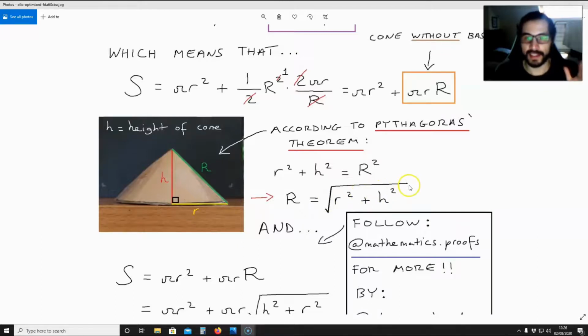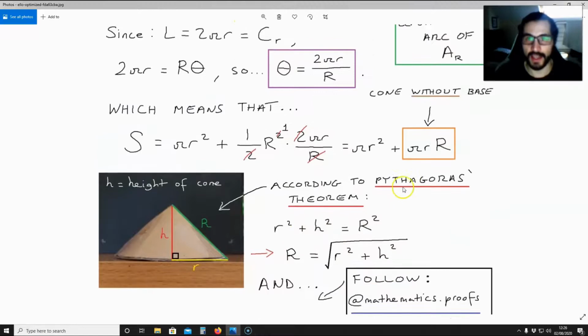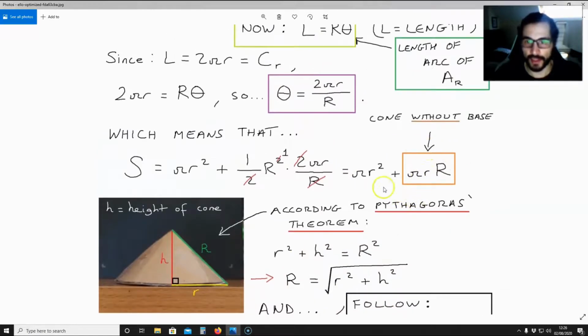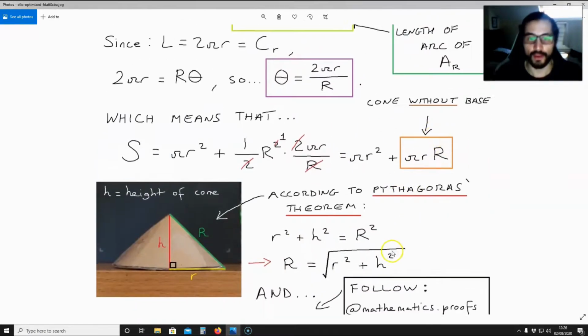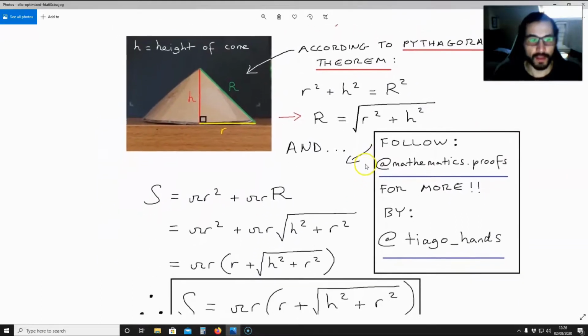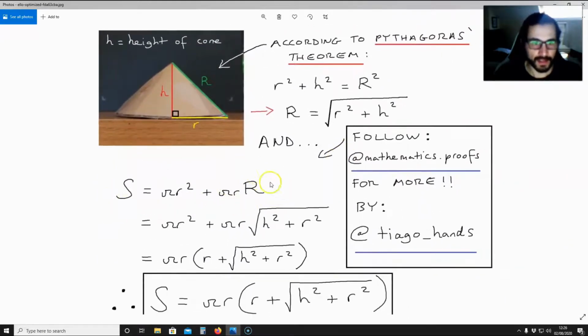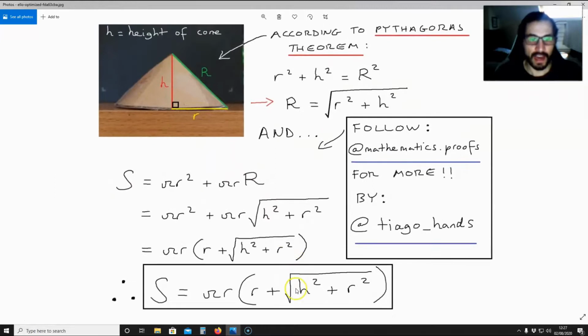And if we plug this value right over here into this equation over here, what we end up with is this: pi r squared plus pi multiplied by r multiplied by big R. And we just simplify from here to get our final formula.